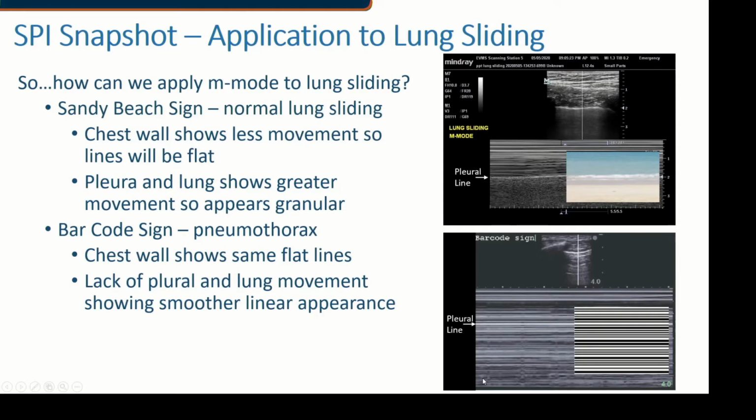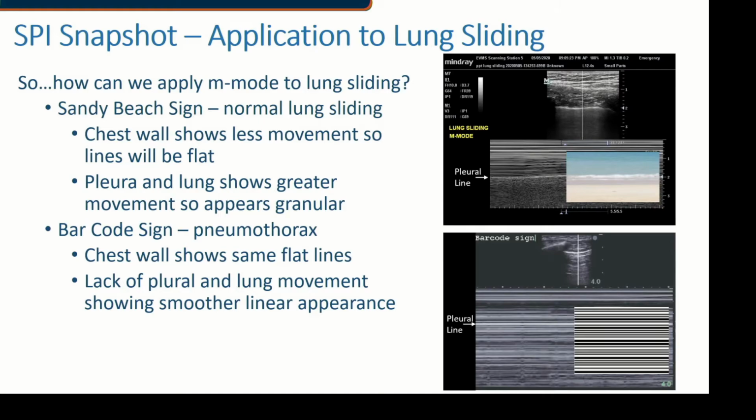And remember too, the pleural layers have been separated by the air, so there really isn't a way for the M mode to pick up that same nice granular sandy beach appearance, so we get that similar smooth linear appearance of what was going on with the chest wall. This is a sign of pneumothorax and a way for you to document it on a single image.